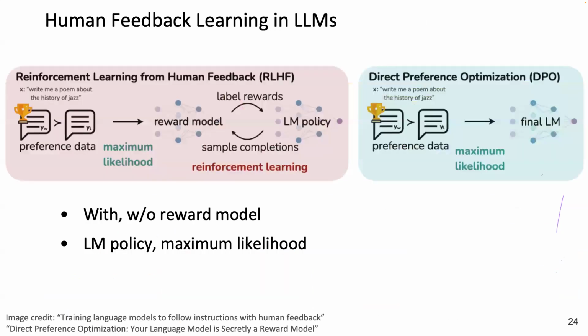So let's first have a very brief review of the related techniques in large language models, human feedback learning. On the left side is the very famous reinforcement learning from human feedback that involves multiple stages: first collecting the preference data, and then using such preference data to fine-tune a specific reward model that, when fed new samples, can provide us with a reliable reward signal about how good a sample is, or for a pair of samples, which one is better.